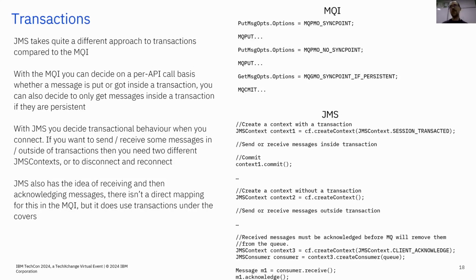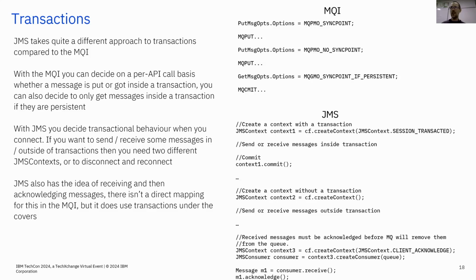Okay, so moving away from the fundamentals of the API, let's look at some other bits. Transactions. This is an interesting area when you look at comparing how MQI and JMS work, because while both of these APIs have the idea of a transaction, the model is very, very different.